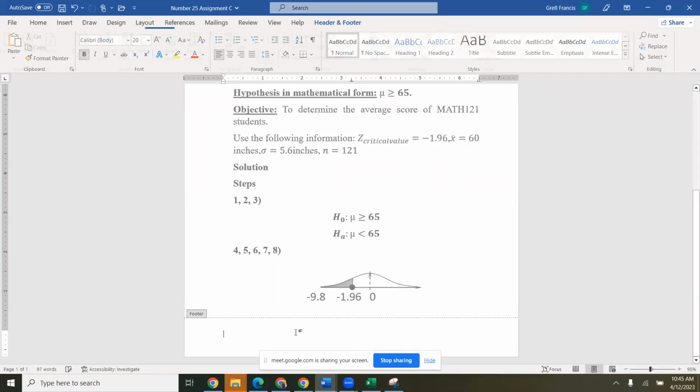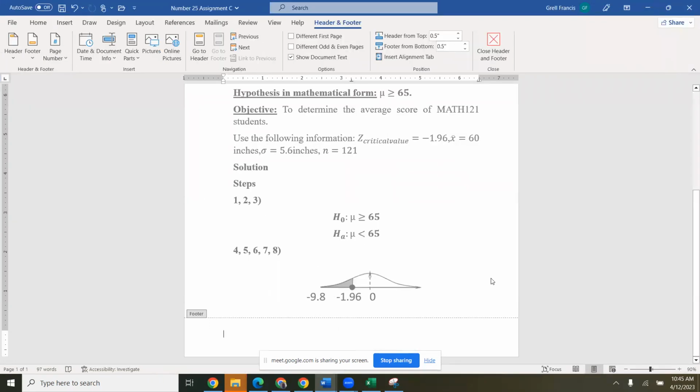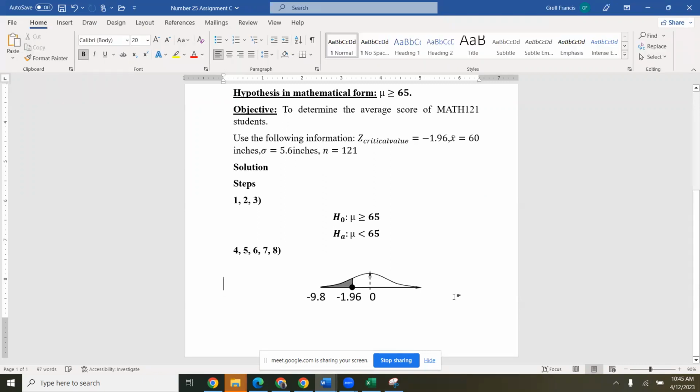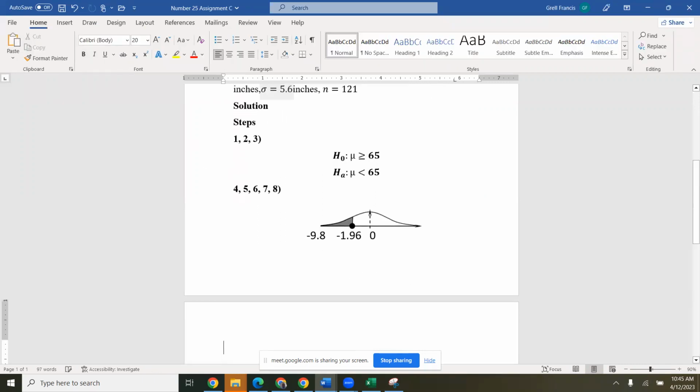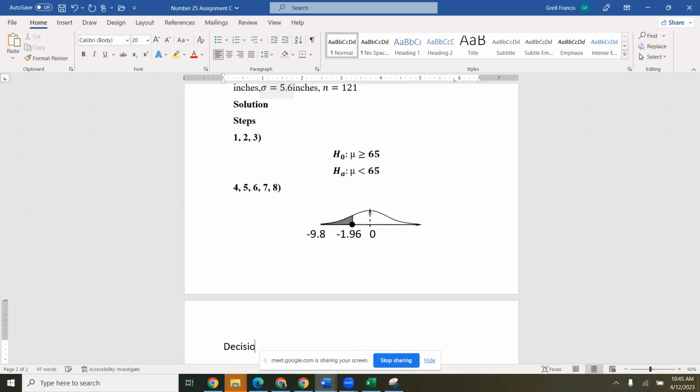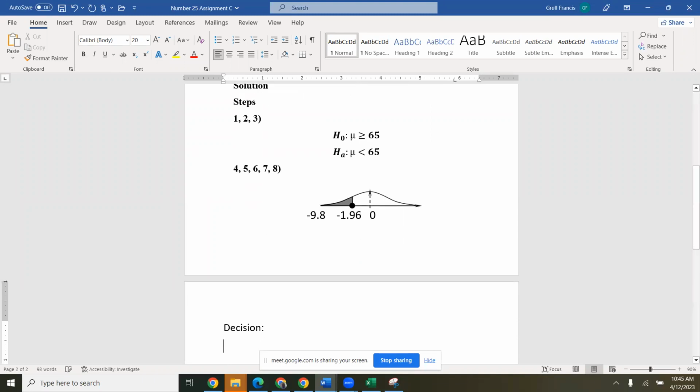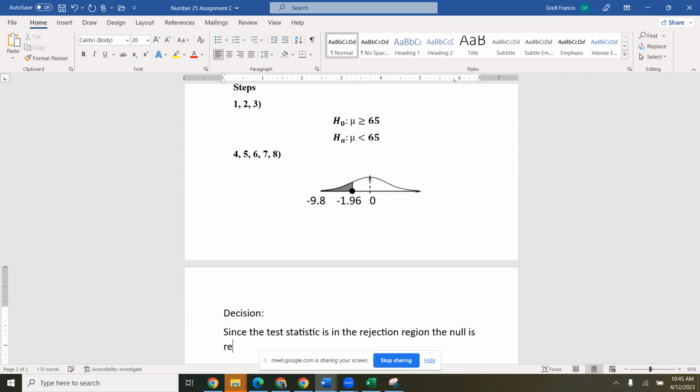Step number 9 is decision time. So since the test statistic is in the rejection region, or the critical region, the null is rejected.